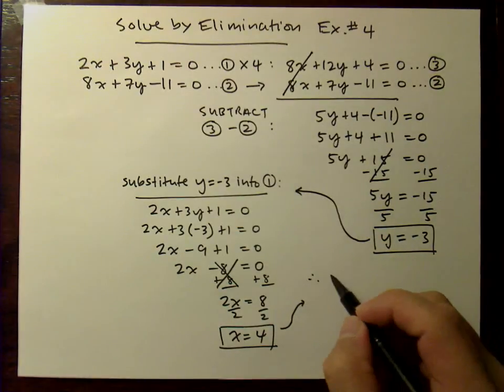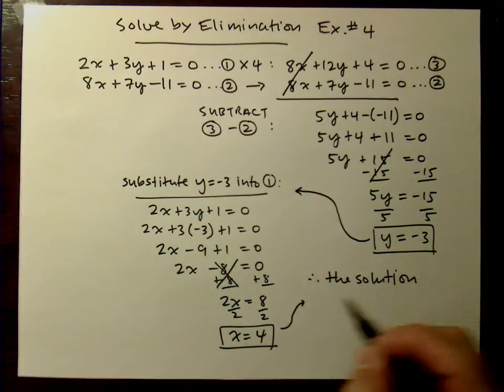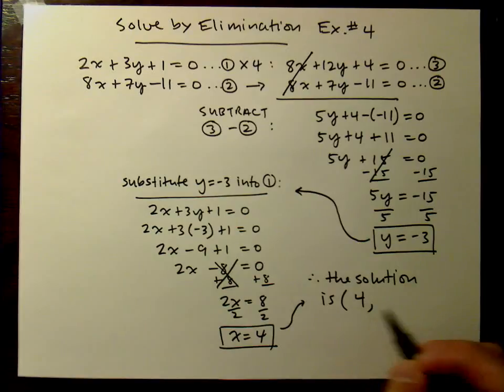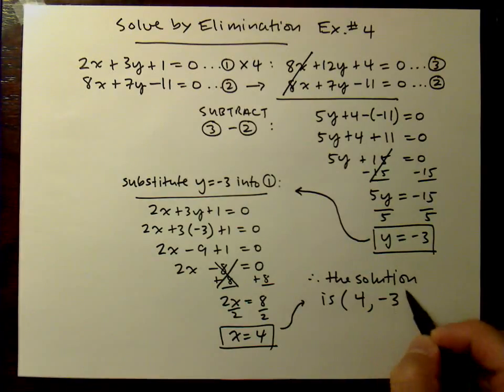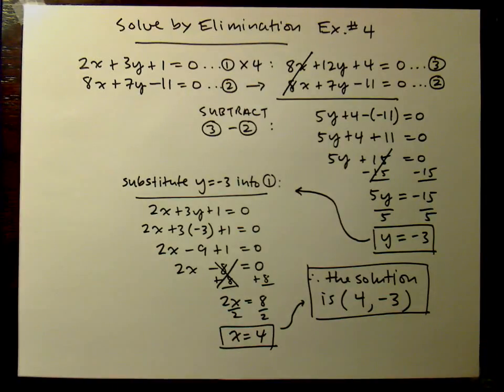Which leaves us with the conclusion that the solution is the ordered pair of x first, which is 4, then the y, which is negative 3. And that is the answer to this question.